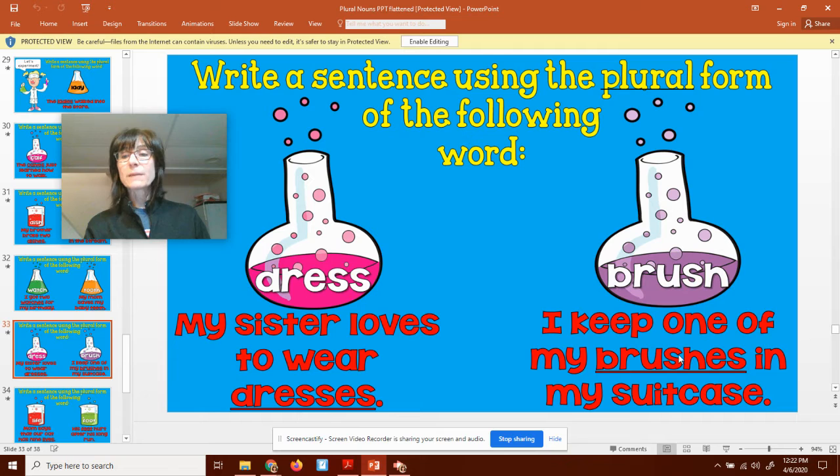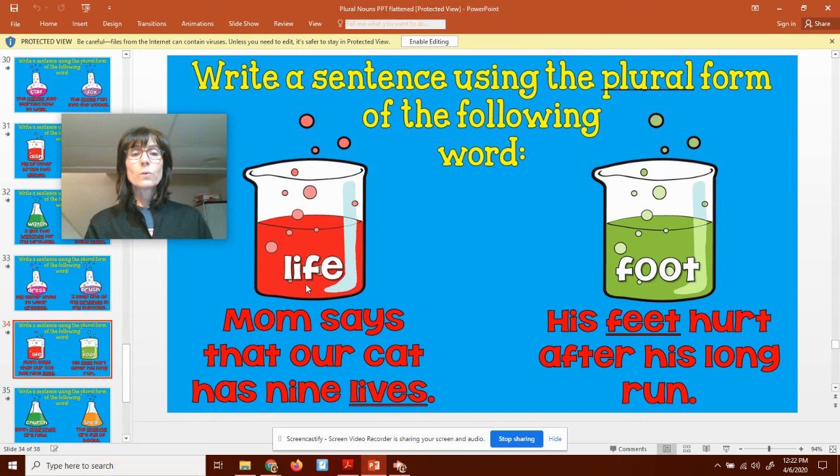I keep one of my brushes in my suitcase. I add an ES. Life. Ooh, I see an F. That signals me I'm going to take away that F and change it into a V. Mom says that our cat has 9 lives. Foot becomes feet. His feet hurt after his long run.